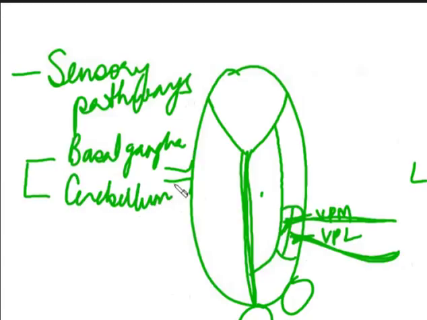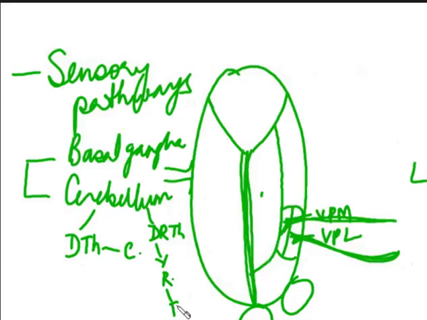I've already mentioned the cerebellum when we did that. If you remember, we had a tract called the dentatothalamic tract. From the dentate nucleus it goes to the thalamus, and then from the thalamus it goes to the cortex. Or we had the dentatorubrothalamic tract. It went from the dentate nucleus to the red nucleus, then from the red nucleus to the thalamus, and from there to the cortex.